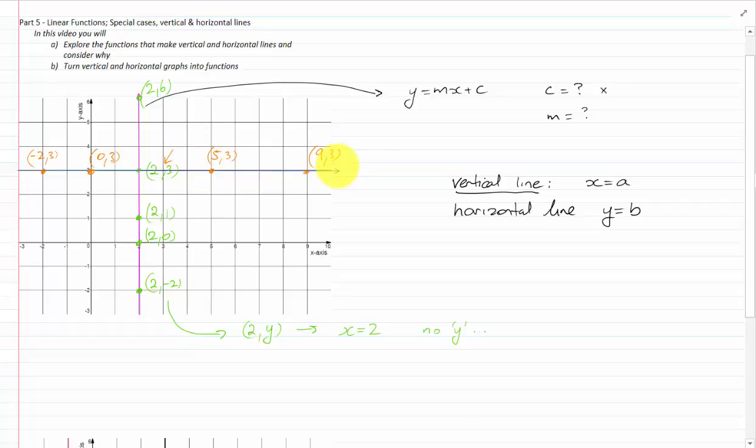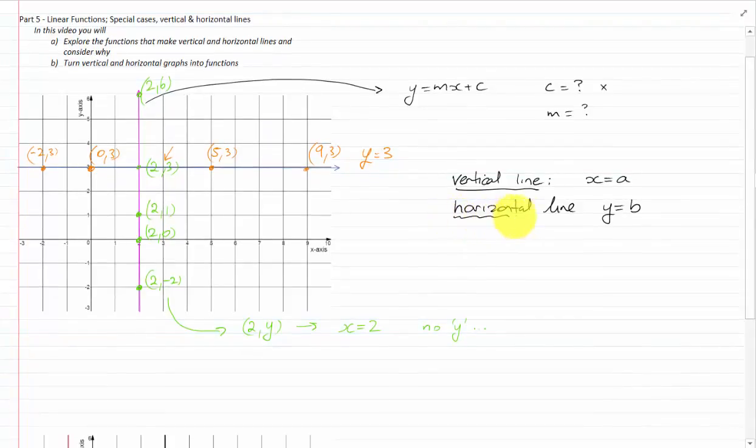In each case, y is equal to 3. So a horizontal line is in the form y equals some number. And that number is where it crosses the y-axis. And this a is where the vertical lines cross the x-axis. So they're the vertical lines and horizontal lines, and they're the ideas behind.